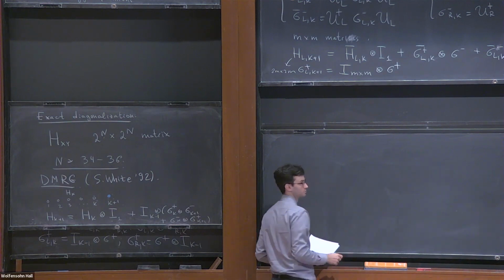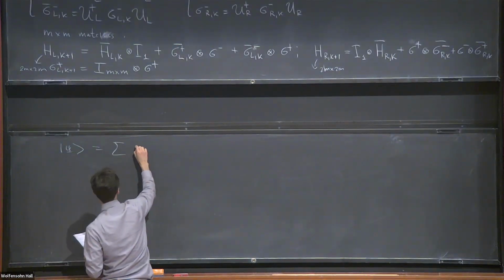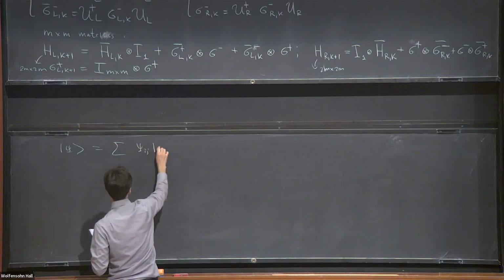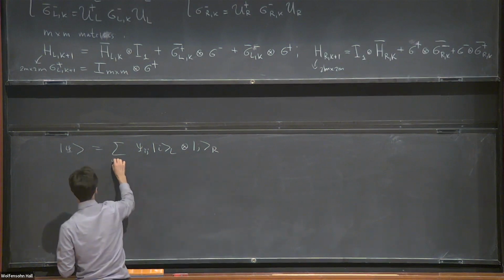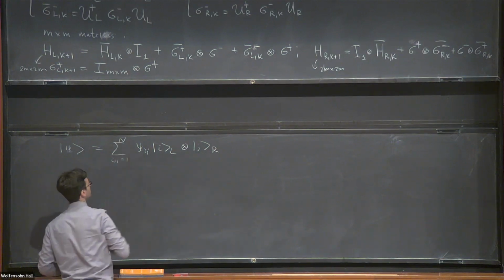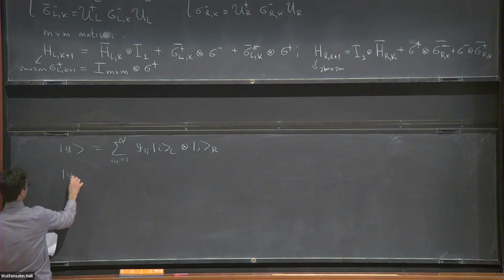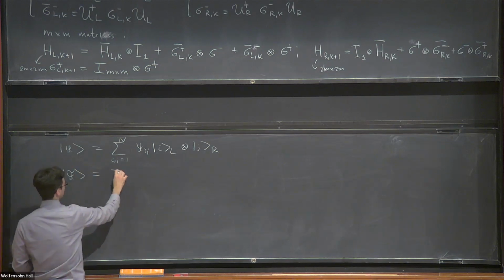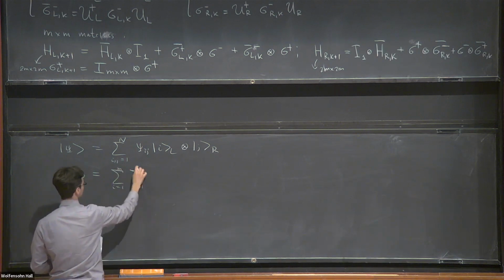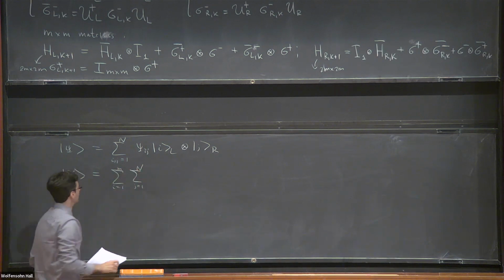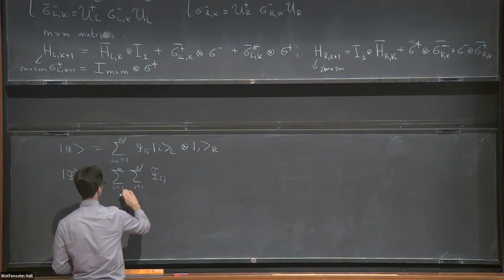Suppose we have a state psi, with coefficients psi_ij, |i>_left |j>_right, where i and j go from 1 to n, and we can try to optimize this quantum state by a state psi tilde, where i now goes from 1 to m and j goes from 1 to n, with some other coefficients psi tilde_alpha j.